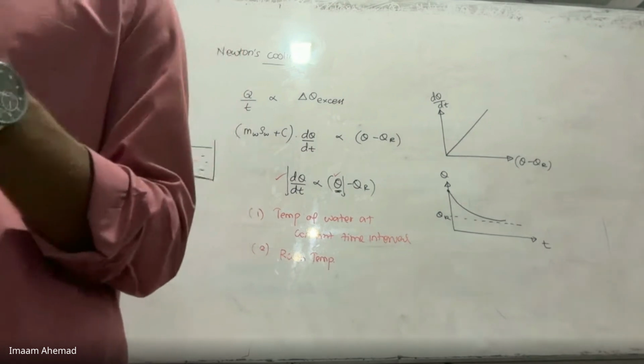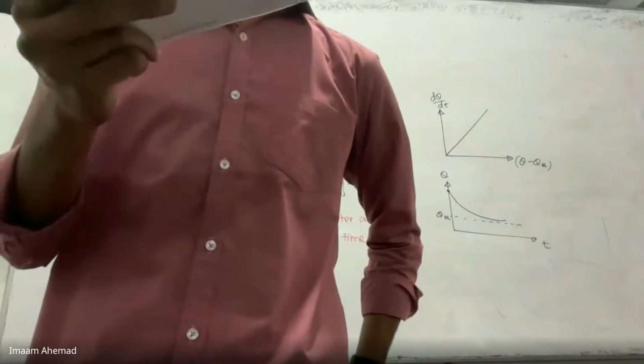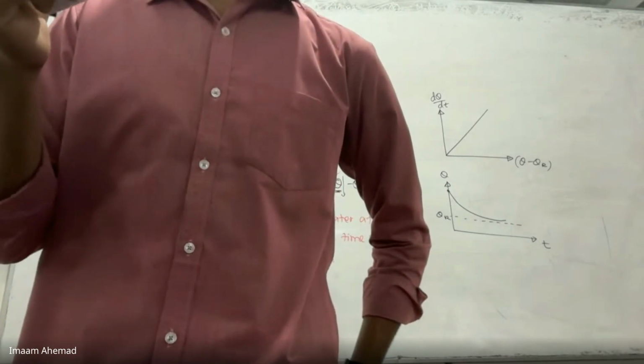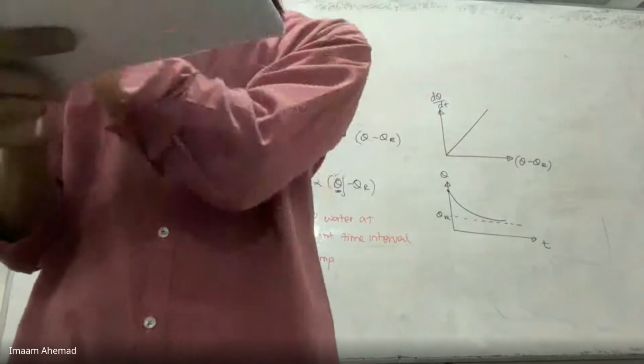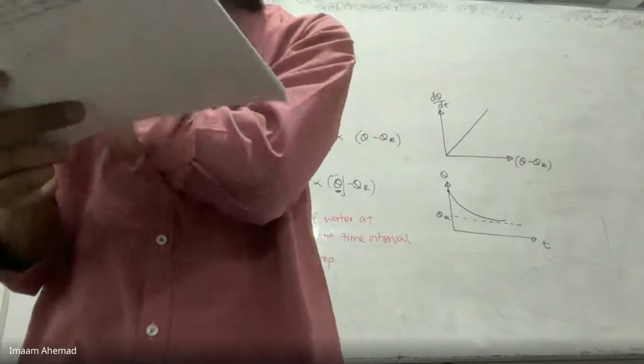What are the readings we have to take to draw the cooling curve? We need to take the temperature of water at equal time intervals, temperature of liquid at equal time intervals.